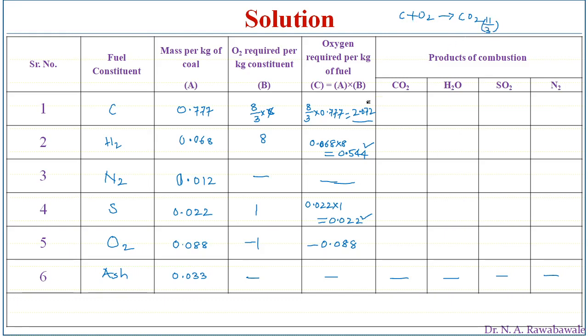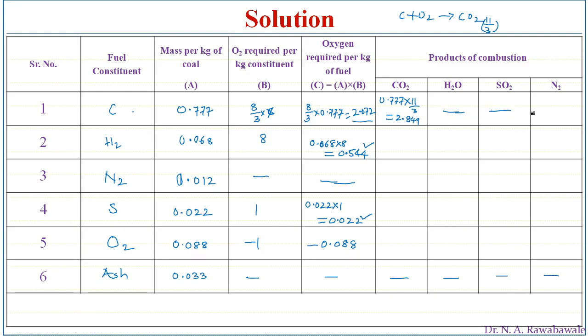So multiplying 11 by 3 with 0.777, the carbon dioxide produced is 2.849 kg.